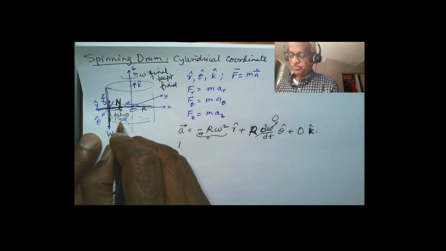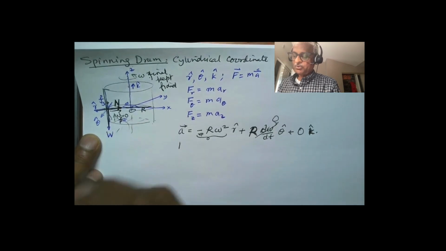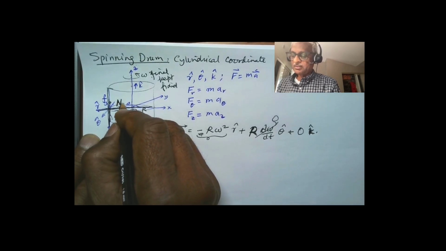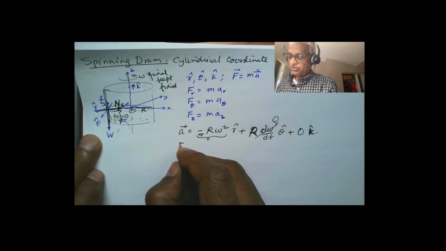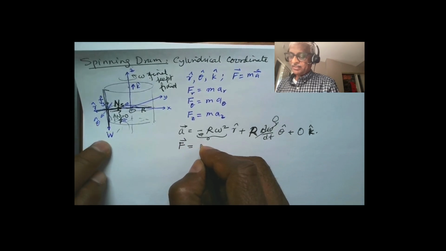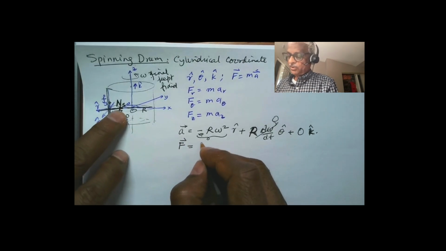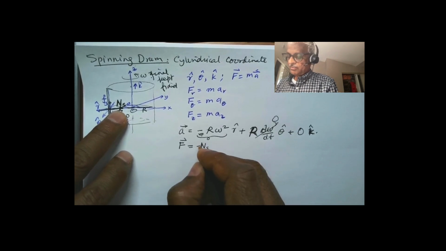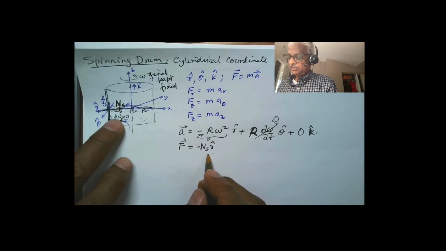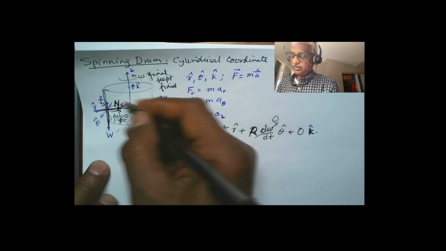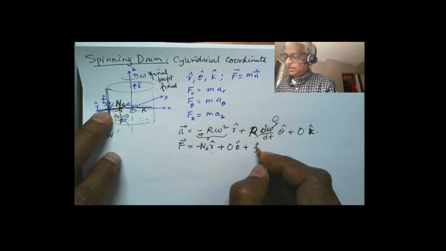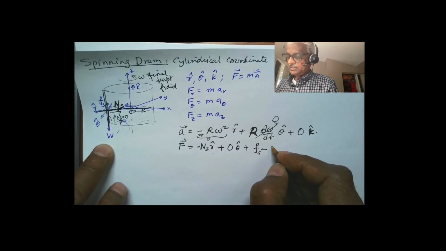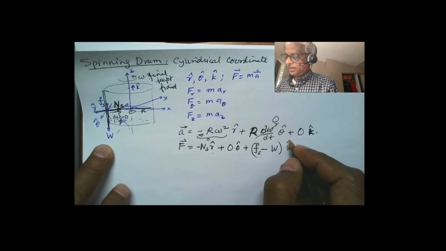So there's a normal from the side, pointed towards the origin. So if I look at F, the r hat direction is the normal, there's nothing along the theta direction, and the k hat direction is Fs minus W in the k hat direction.